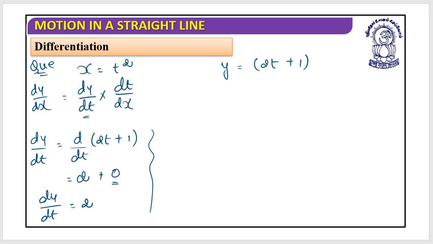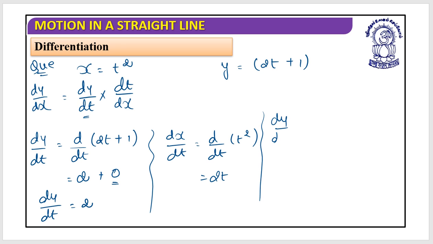Next, let's perform dx by dt. This is equal to d by dt of t square. When I perform this, it would be 2t. So now the last task, dy by dx is equal to dy by dt multiplied by dt by dx.